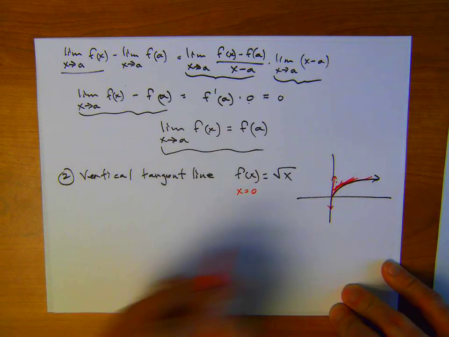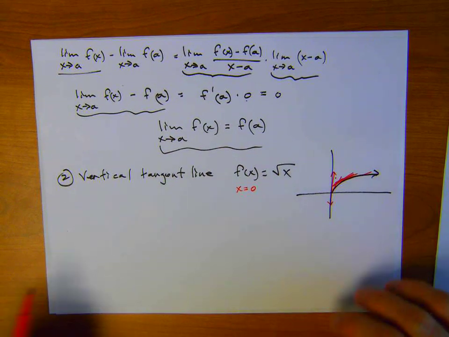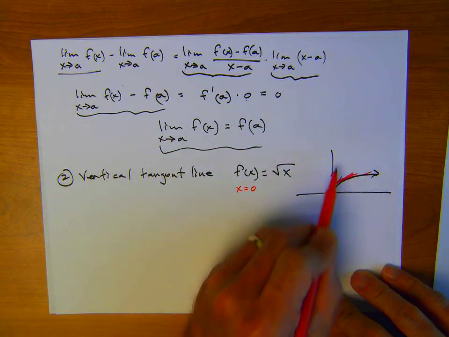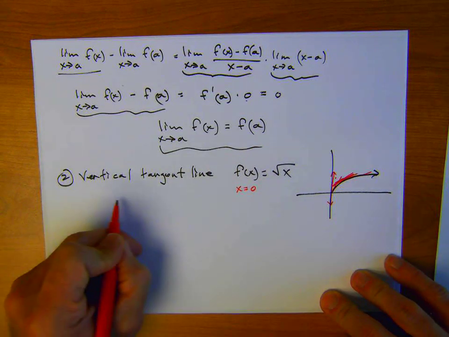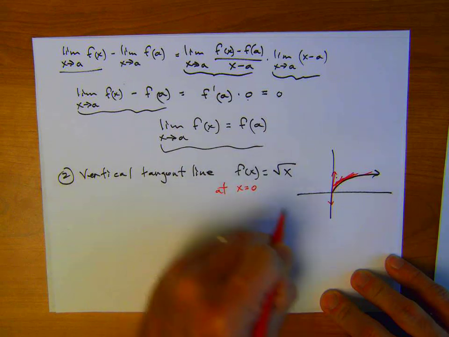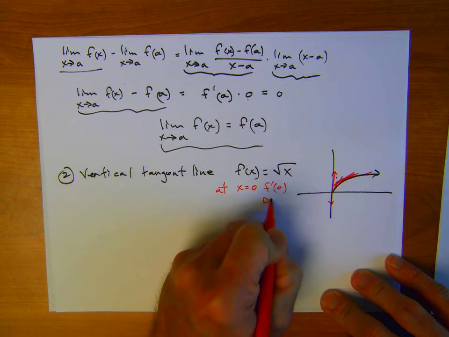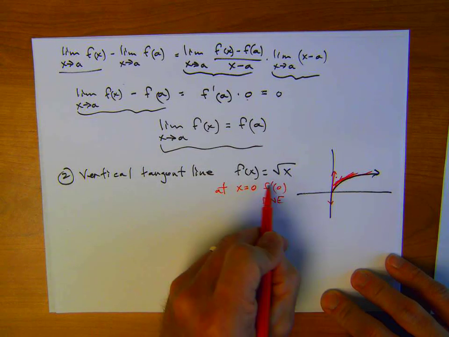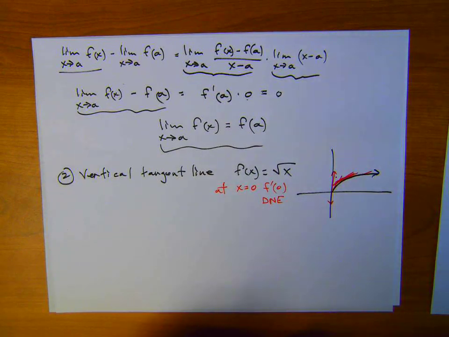It may not look like it from the way that I drew it, just with a rough sketch, but right at 0, it goes completely vertical, and so we would say that at x equals 0, f prime of 0 does not exist. I guess it's actually a little redundant, but the function is not differentiable at 0. That's the most direct way to say it.